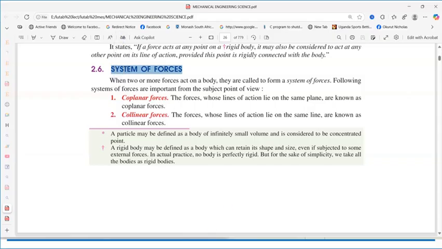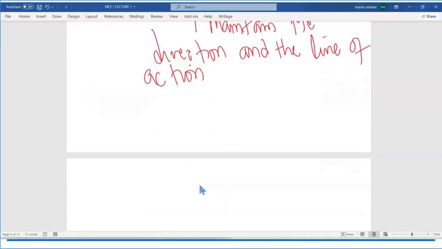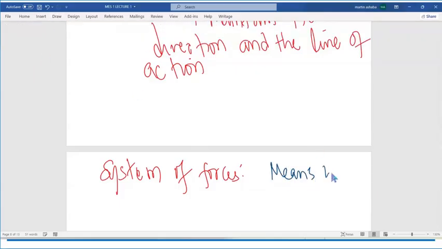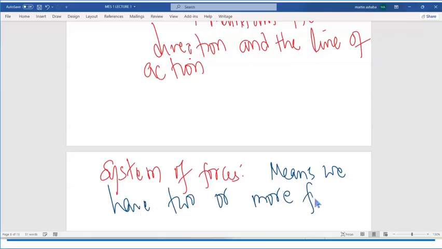So we have a system of forces, which means we have two or more forces acting on a body.